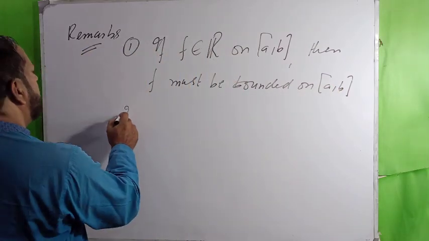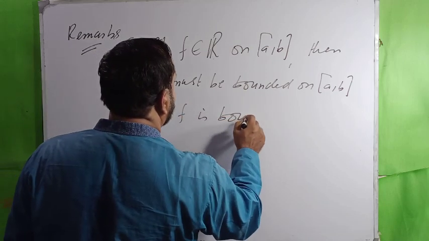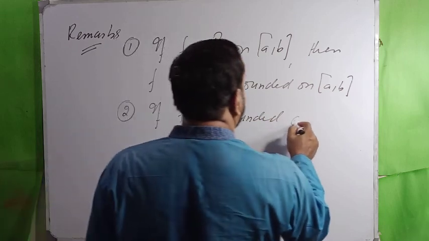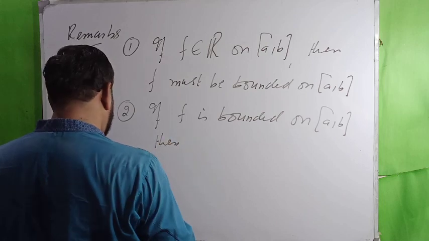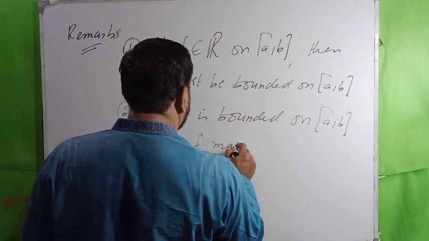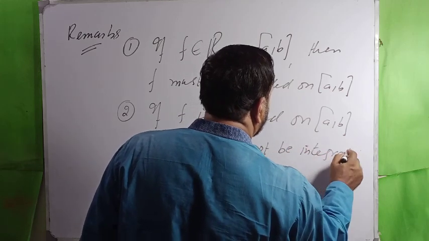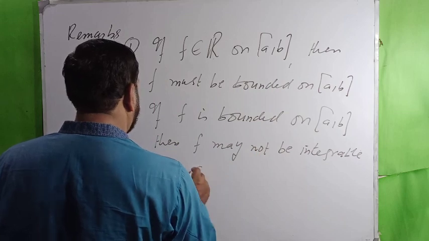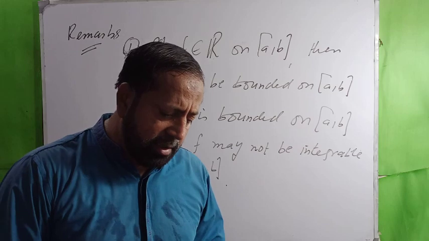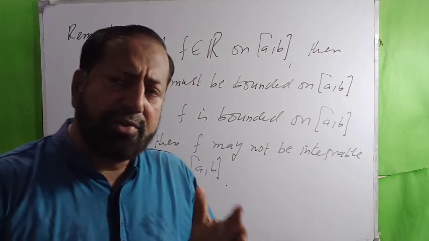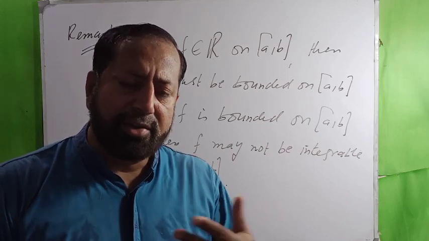And secondly, if f is bounded on [a,b], then f may not be integrable on the closed interval [a,b]. So boundedness is not a sufficient condition for a function to be an integrable function.